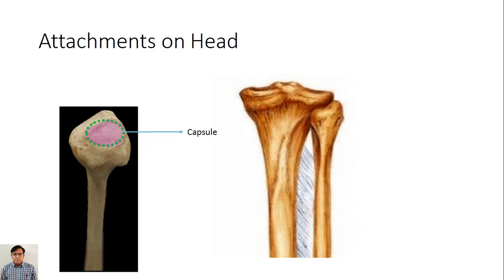Another attachment on the lateral aspect of the head is the separate attachment of insertion of biceps femoris. This is the insertion of biceps femoris, and just above this is the attachment of the fibular collateral ligament.